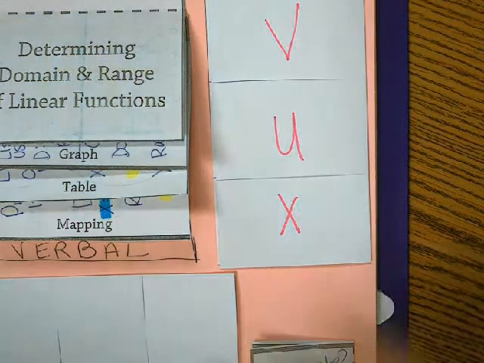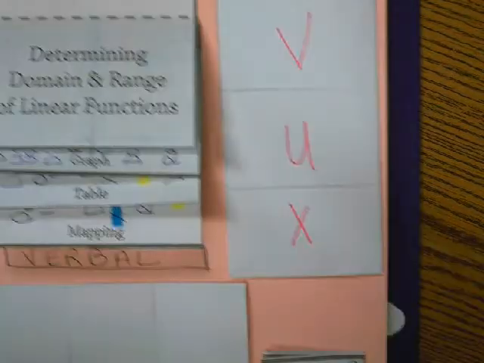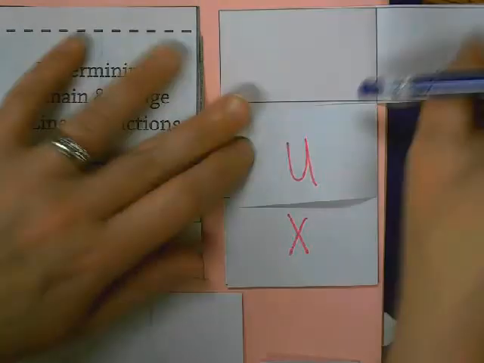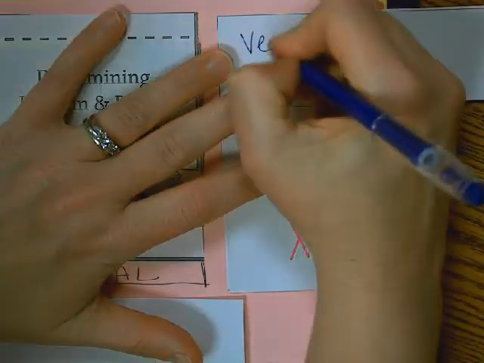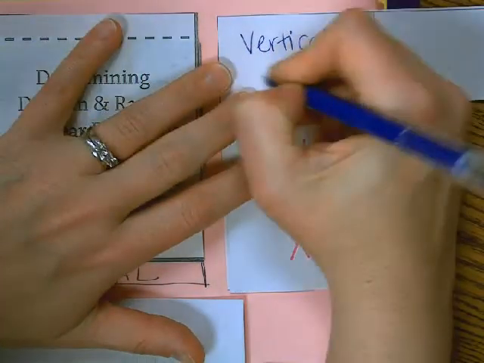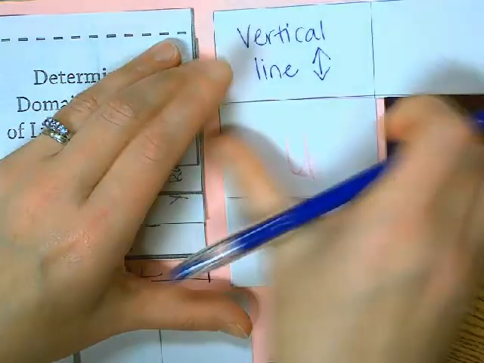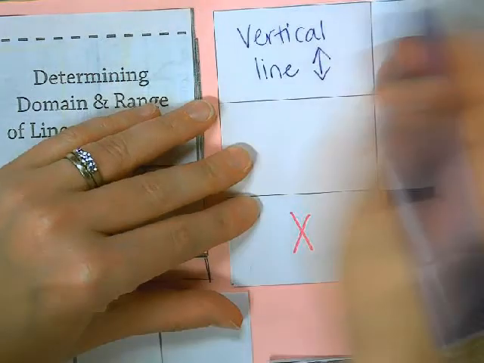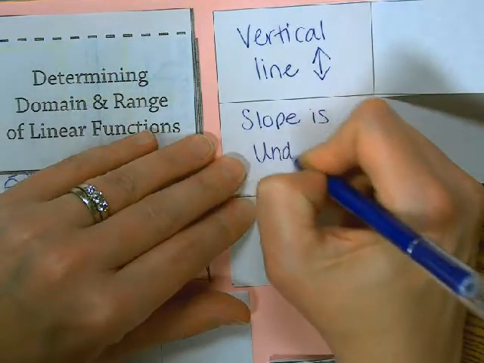So put Vux there, and we're just going to open these flaps, and we're going to say the V stands for the fact that it is a vertical line. Remember, vertical goes up and down. The U stands for the fact that the slope is undefined.